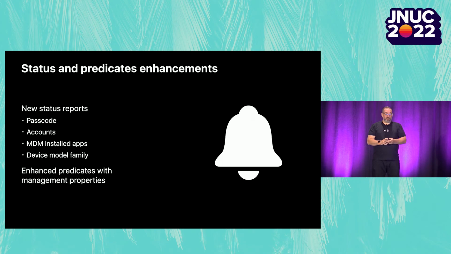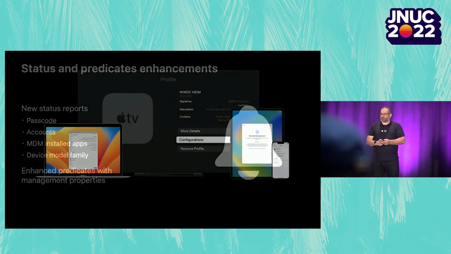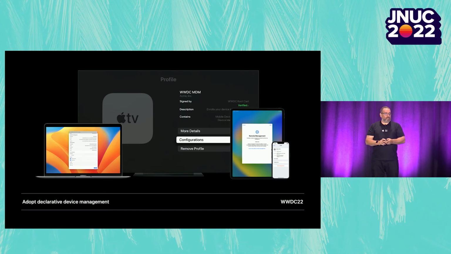In addition, new management properties and declarations allow servers to set arbitrary properties on the device, which can be directly used in activation predicates. That's an update on DDM, expanding to all platforms, all enrollment types, and new status and predicates will help you better manage Apple devices. Check out what's new in the section about declarative device management to learn more.